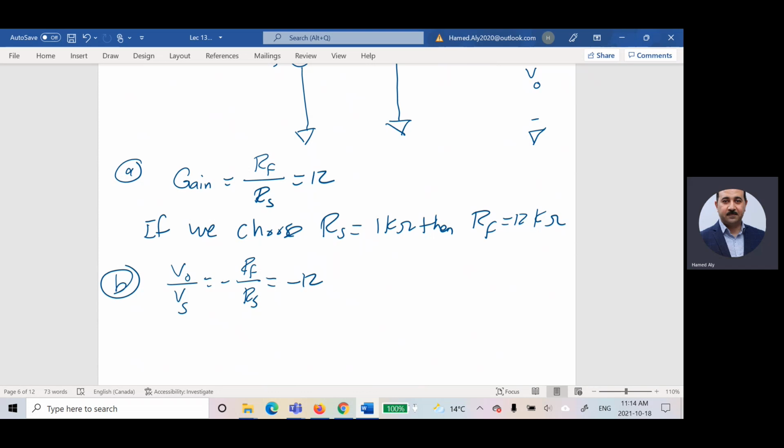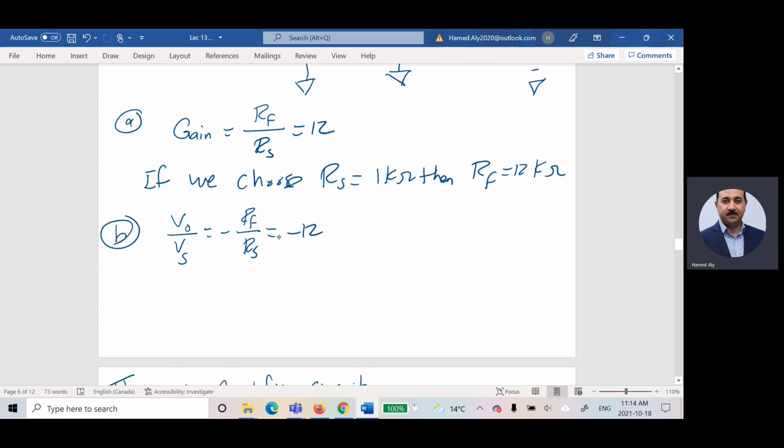Based on that, I can say VO equals negative 12 Vs. Or in other words, Vs equals negative 1 over 12 VO.